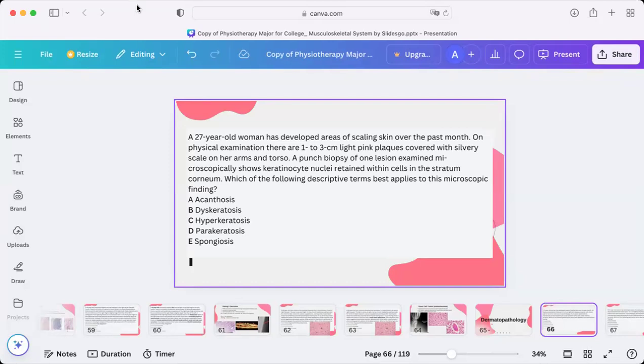Most common location in the body. Good job. Which disease would you see on the flexor surfaces? A rash on the flexor surface, what are you diagnosing this patient with? An itchy rash. Correct, it's eczema. A is not true because they're asking about the nuclei present within the stratum corneum. We'll go over all of it in a minute.